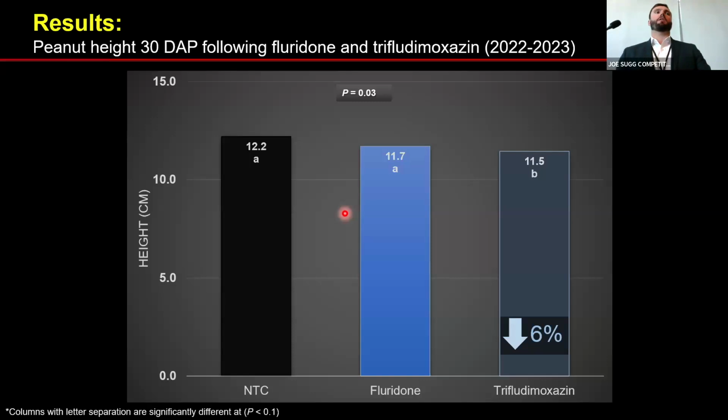And so moving along a little bit later into the growing season, we can see at 30 days after planting, evaluating height, that fluridone by this point in time had no impact on height, whereas trifludimoxazin did decrease heights by 6%. And again, one thing to note here is there was no timing effect, and so those were combined across those herbicide treatments.